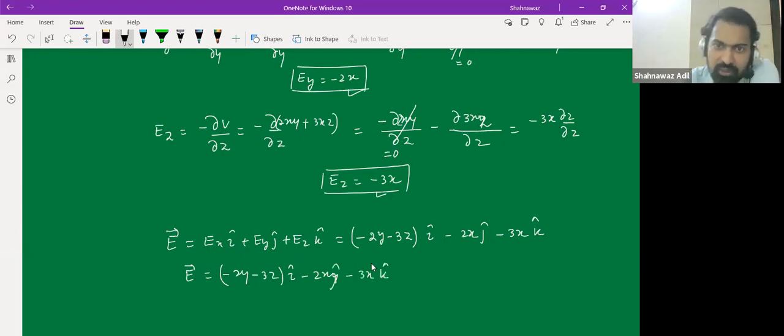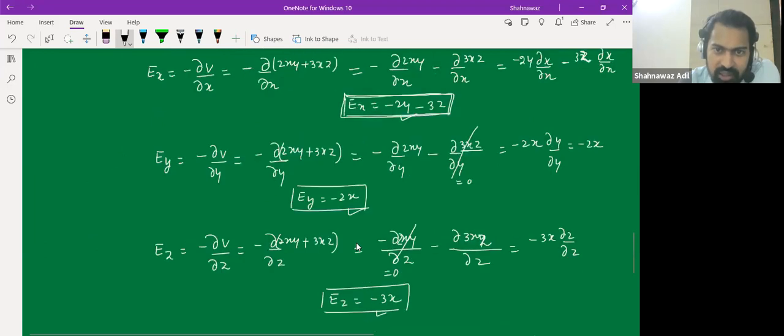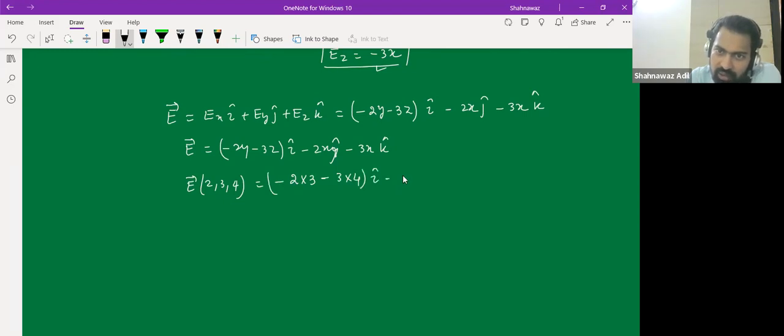But they want us to calculate the electric field at 2, 3, 4. Right. So x is 2, y is 3, z is 4. So E at (2, 3, 4) would be how much? Minus of 2 into 3 and minus of 3 into 4, and then this is i, and minus of 2 into 2 j, and minus 3 into 2 k.